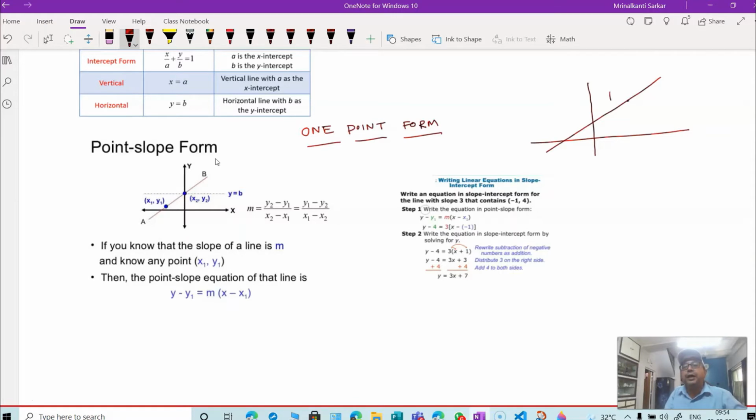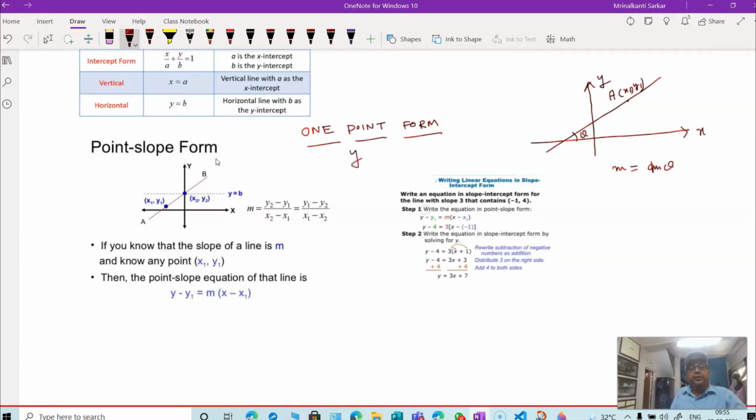A point on the line is (x1, y1) and m is equal to tan theta.